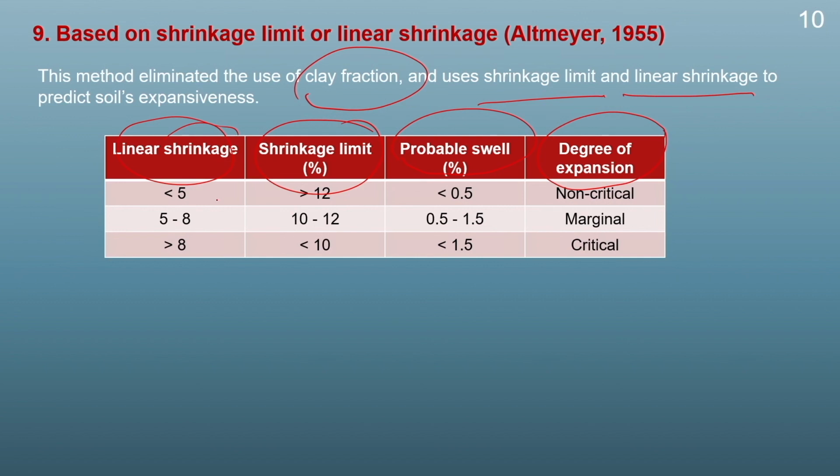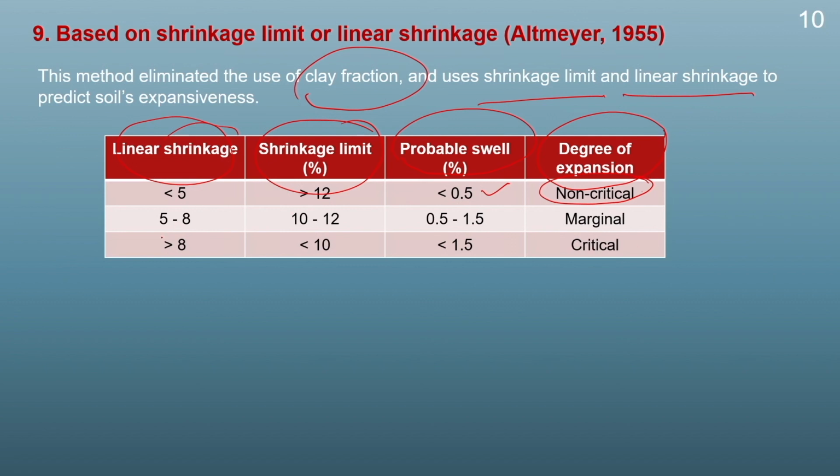If the linear shrinkage of a soil is less than 5% or the shrinkage limit is greater than 12%, the probable swell will be less than 0.5%, and the soil can be termed as low or non-critical soil.